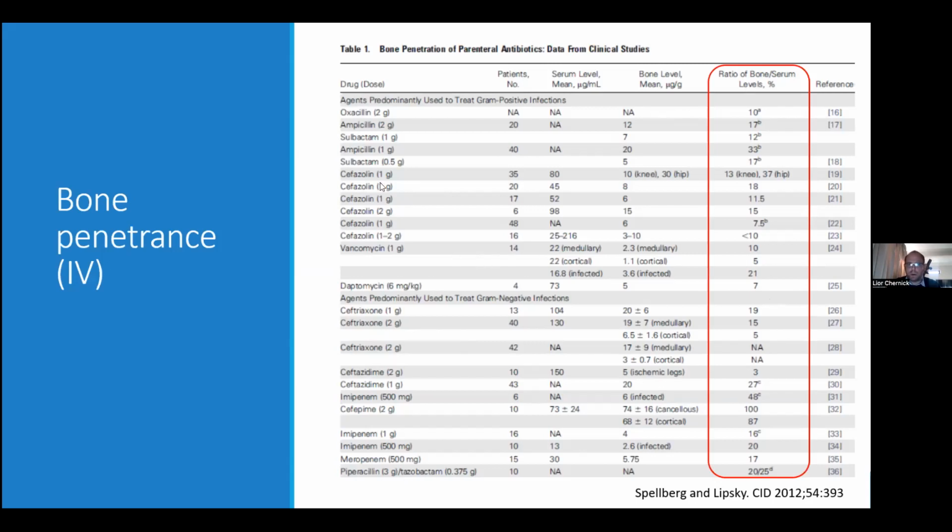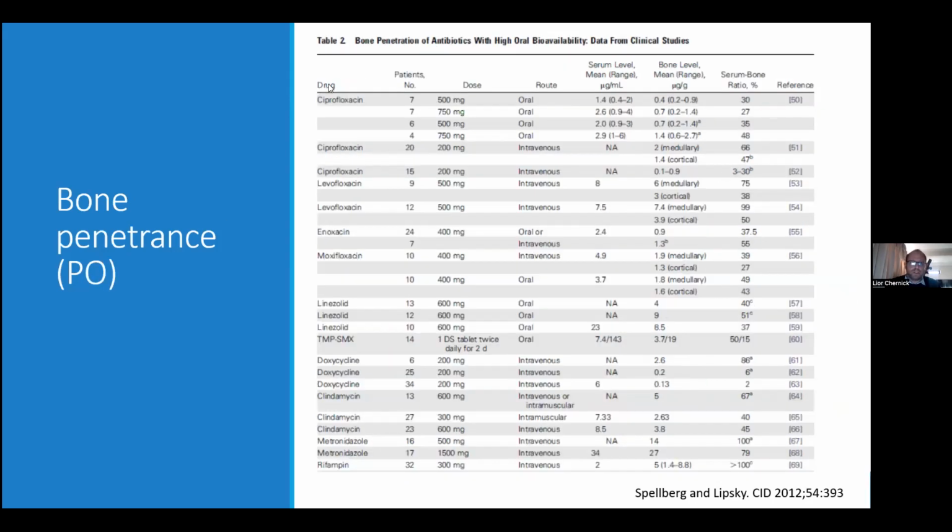But what's interesting is if you look at Kefzol, for example, cefazolin, you've got multiple studies, several with the same dose, and you get different results. And so this alone speaks to the way many of these studies are done and the heterogeneity of the results: the choice of bone, the timing post administration of antibiotic, whether it was infected or healthy bone, etc.